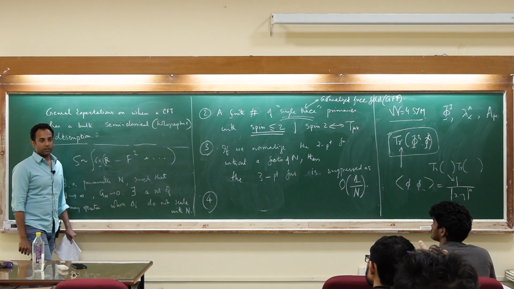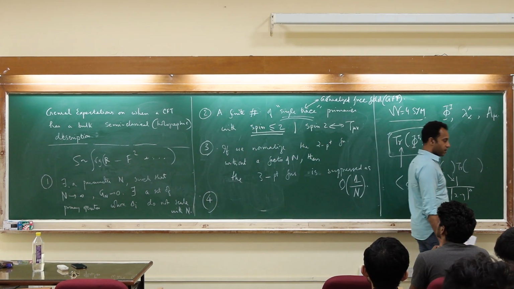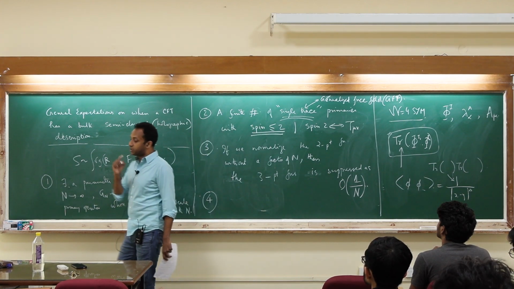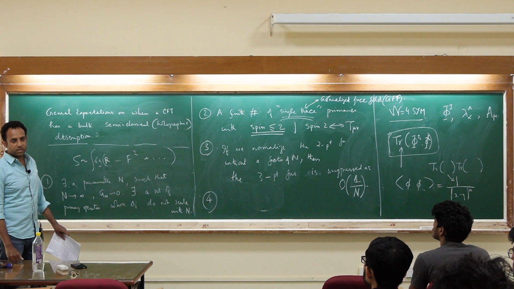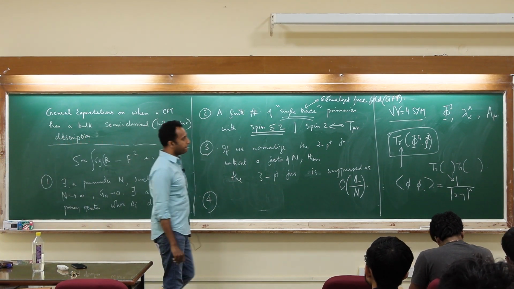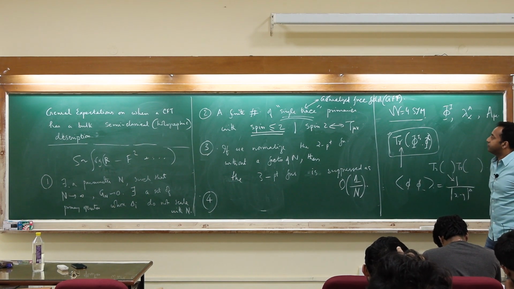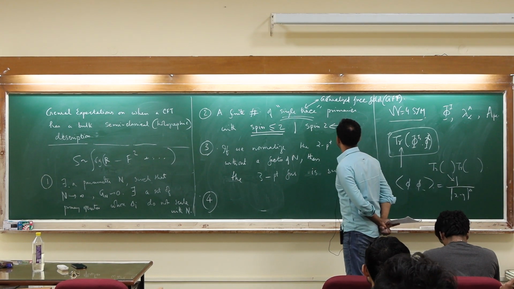You talked about primary fields there, but yeah. T_mu nu is not primary. So you mean like the 2-point function is not x minus y? What is the statement? That statement is not primary, right? Single trace primaries with spin less than or equal to 2. Single trace primary, yeah, I think that it doesn't have to be here.